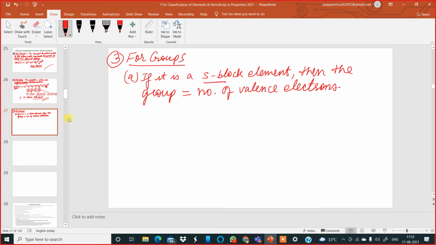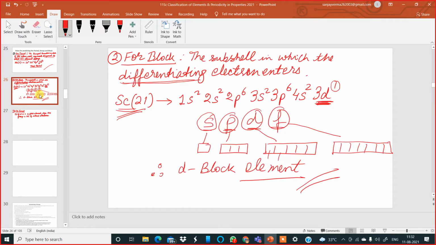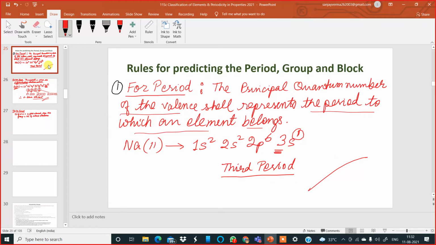If it is an S block element, because we get the block here only, no? Take sodium, an S block element. So how will you get the group? What is the number of valence electrons for sodium?